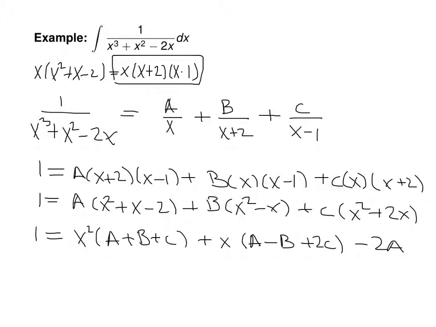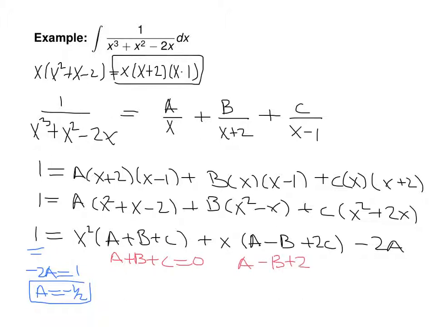Because this side only has 1, you know that minus 2a, the constant, has to equal 1, giving you a equals negative 1/2. You also know that a plus b plus c has to equal 0, because there's no x squared term on the left side. And a minus b plus 2c has to equal 0. Now if I add these two equations together, the b's will cancel, giving us 2a plus 3c equals 0.